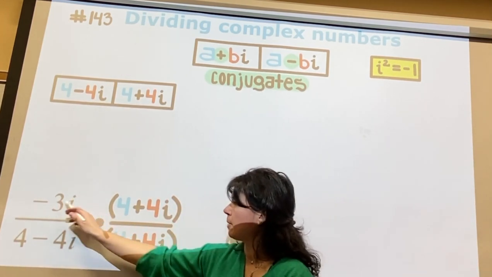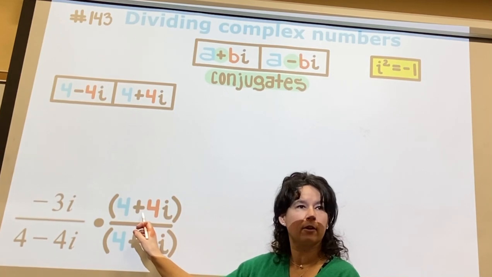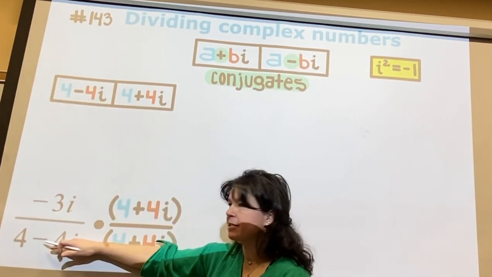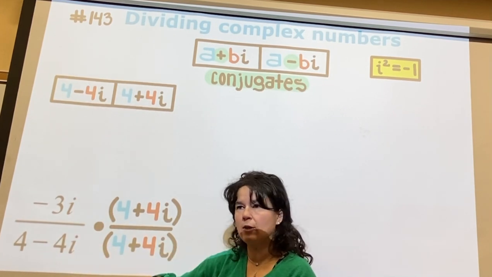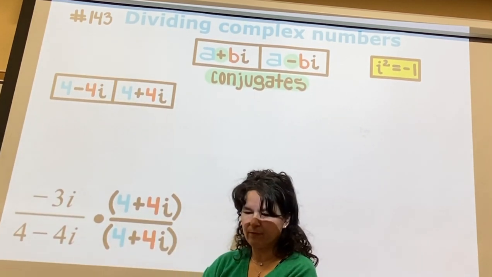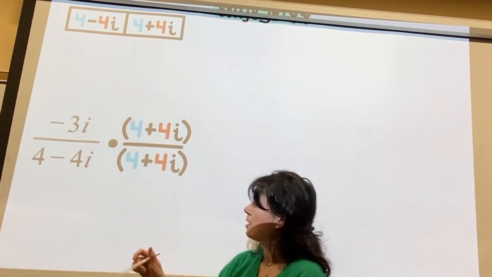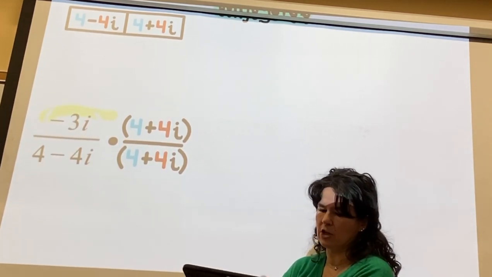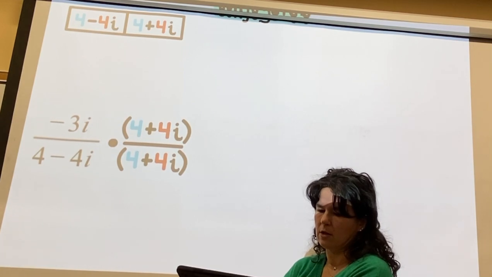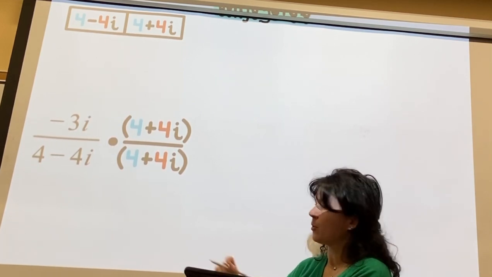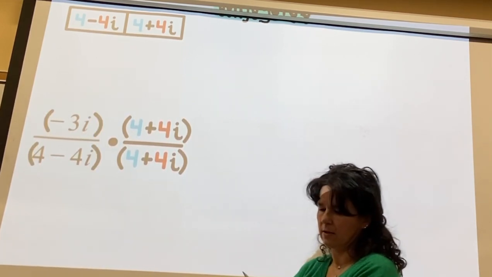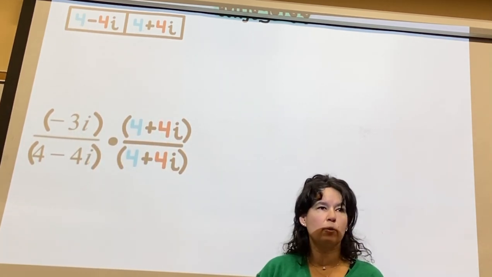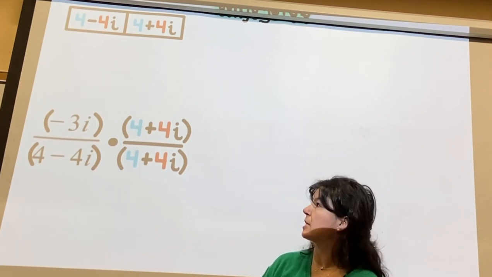So I'm going to multiply the numerators together and write that up, and multiply the denominators together and write that down. Also, just for notation, I'm going to put a set of parentheses around the previous numerator and denominator, just to emphasize what we're doing.